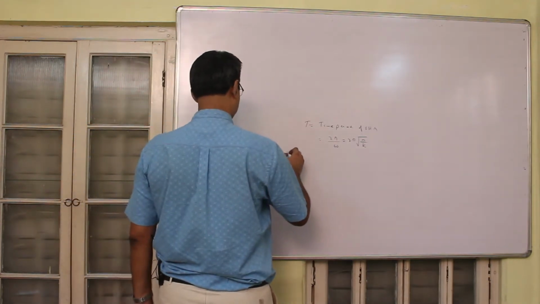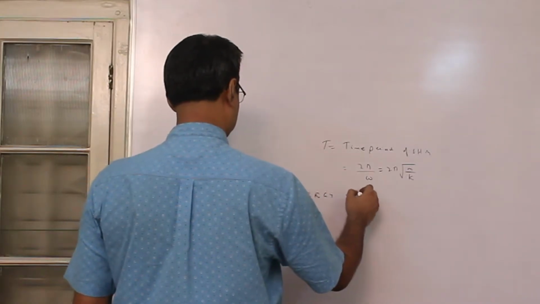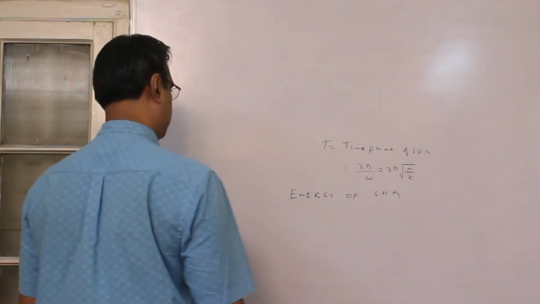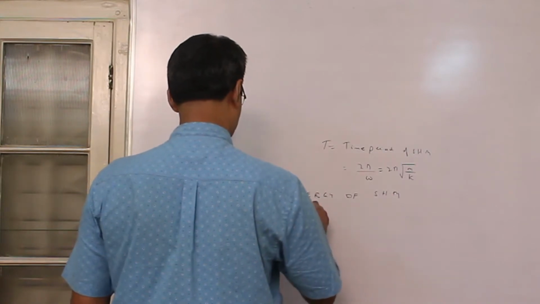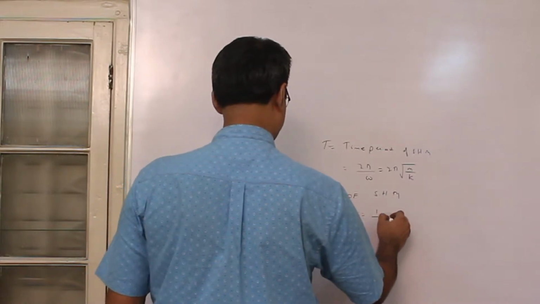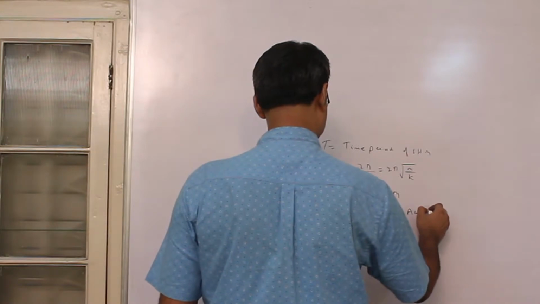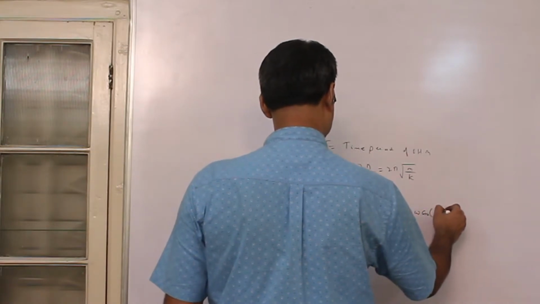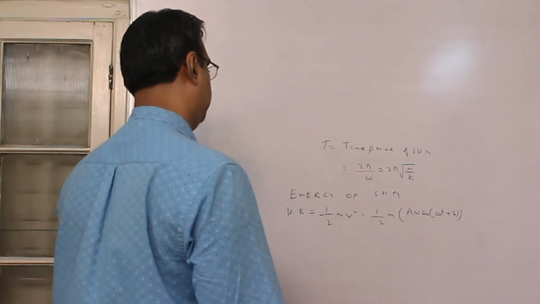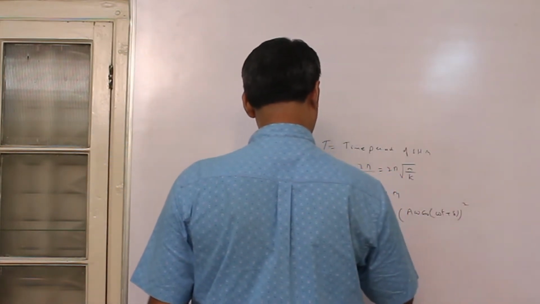Okay, now we come to energy of simple harmonic motion. First is kinetic energy. So half m into a omega cos omega t plus delta whole square.